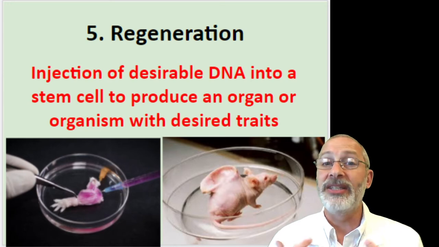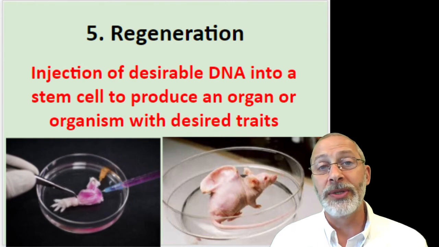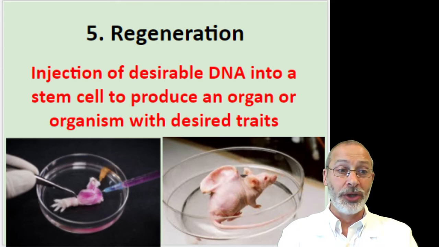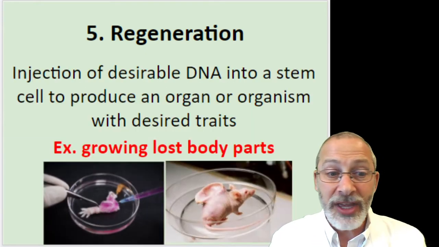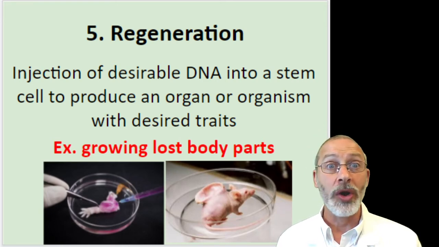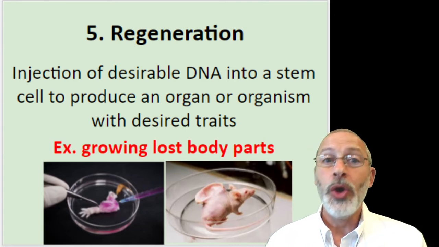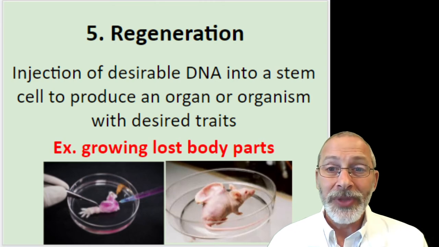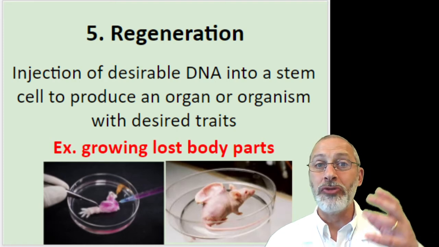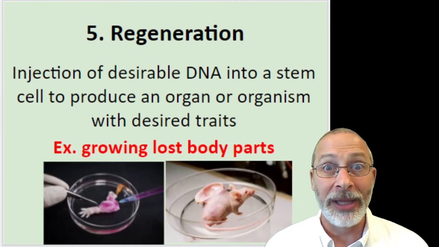And as a result, they have to take medication daily for the rest of their life to inhibit their own immune system from attacking the organ that's keeping them alive. But with this particular technology, if it can be utilized to grow lost body parts, including organs of someone with their own DNA, then their own body won't reject the regenerated organ from their own body, even though it might be grown externally in a lab, in a petri dish, or on a donor animal like a mouse.